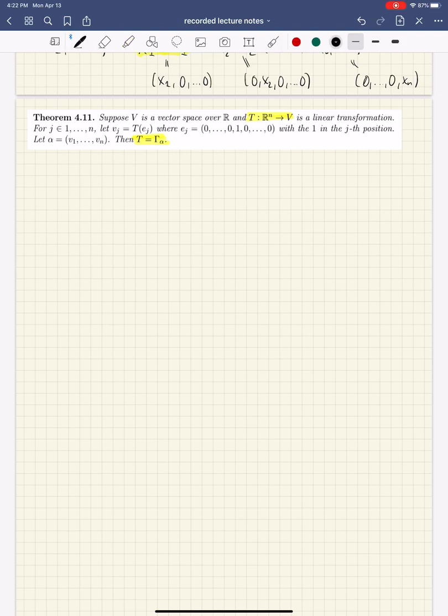So we just have to choose this alpha wisely, and the way we do it is that each of these vectors in alpha is going to be the image of some e_j. In particular, v_j, the jth vector in this tuple, should be T(e_j). So let's prove this.